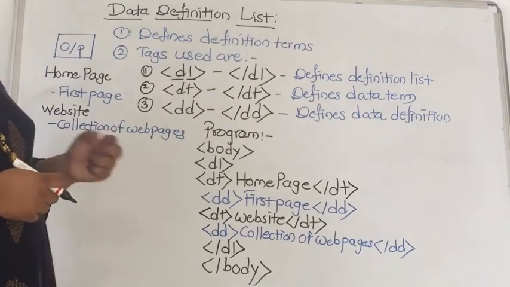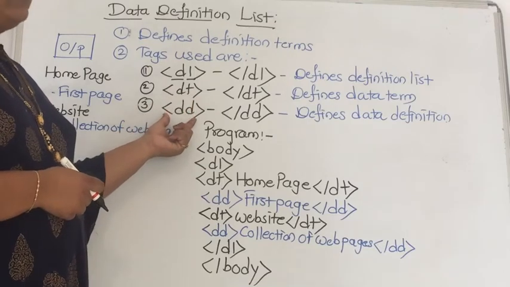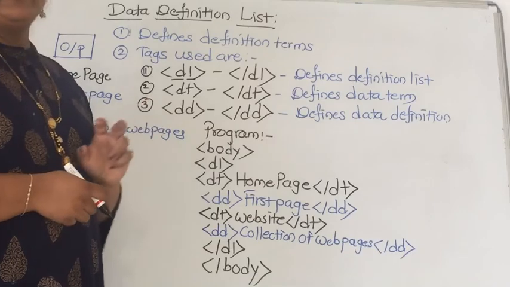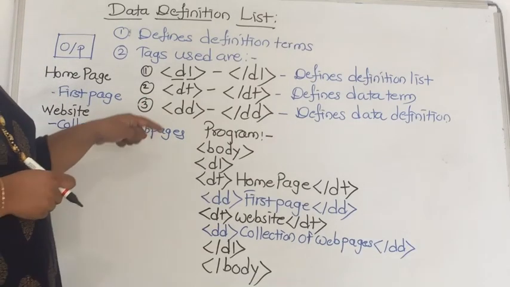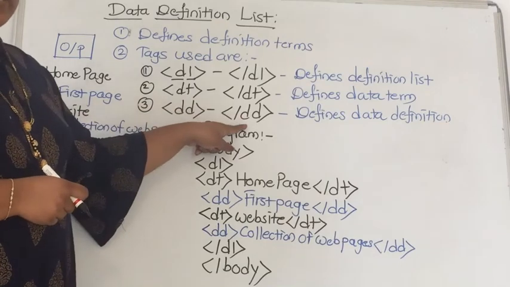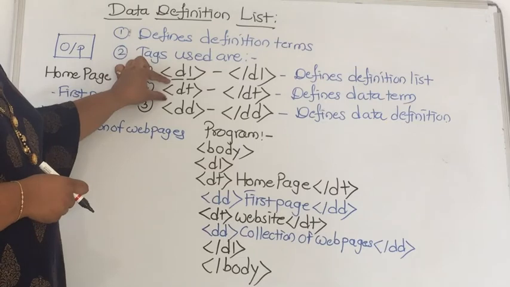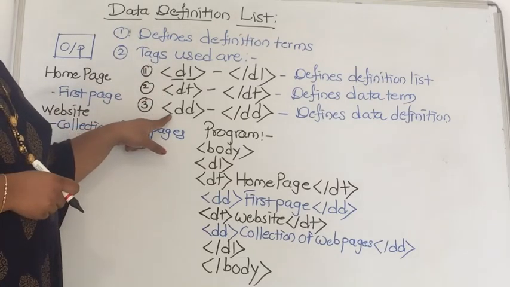So main terms are defined by DT, that is definition term, and the third one is DD and /DD, which is used to define the data definition. That means what is the definition of the term? It is defined by DD and /DD. So DL is used for definition list, DT is used for definition term and DD is used for data definition.